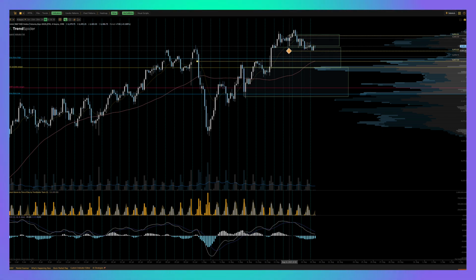So we look at the low of this candle. Doesn't have a lot of volume, but it's still an important candlestick formation. And we see that we are trapped between a high of somewhere around 6,500 and a low somewhere around 6,453.